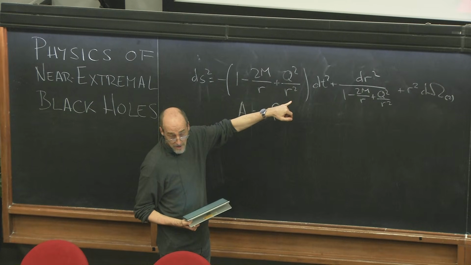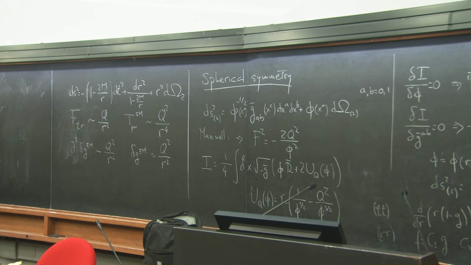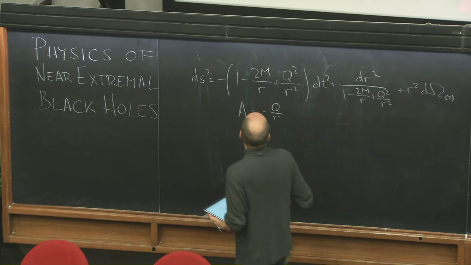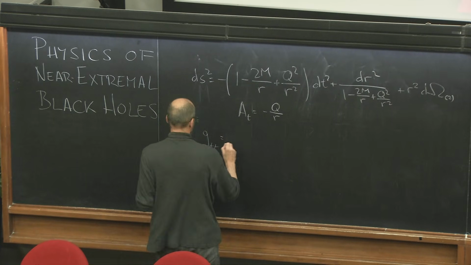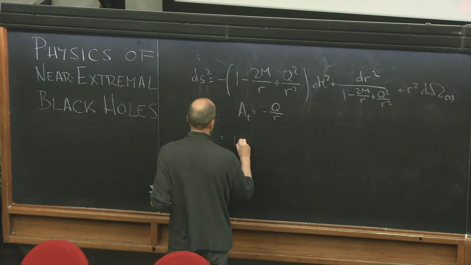This correction to the metric is precisely of the same kind that we already anticipated. So the term minus g_tt, let's examine this a little bit.